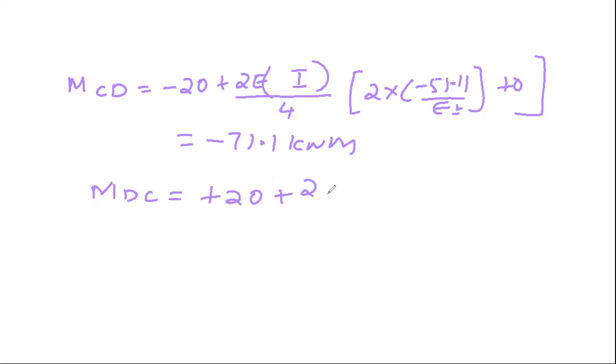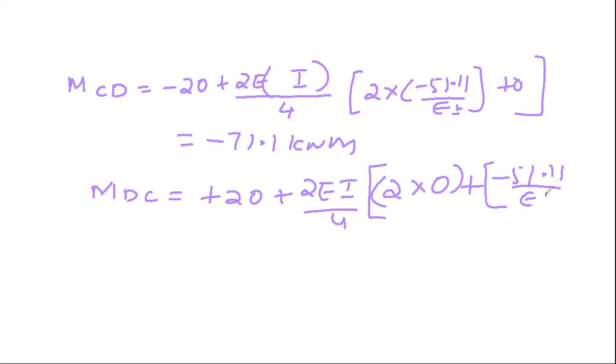So here 2EI by 4 times 2 times D is 0 plus 1 time C is minus 51.11 by EI. Right? If you solve this, you will be getting plus 5.56 kilonewton meter. All right, this is how you have to go for final moments.